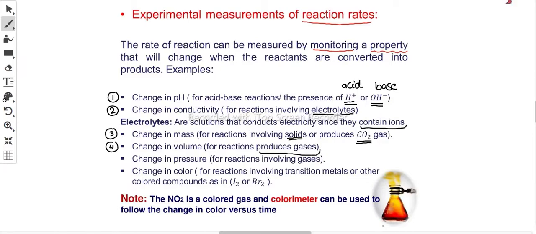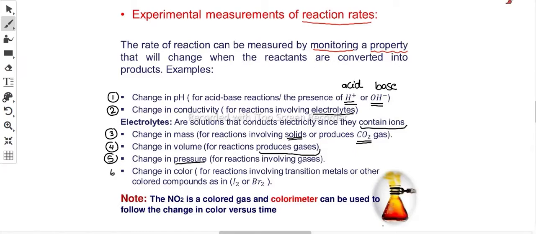This gas can be collected by different methods. We will also look at these different methods later. Number 5, you can go through the change in pressure. Usually the change in pressure is used for chemical reactions that involve the presence of gases, so there will be a change in the pressure as the mole number changes.